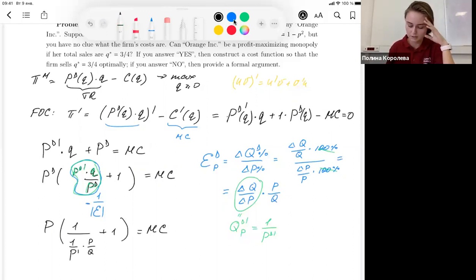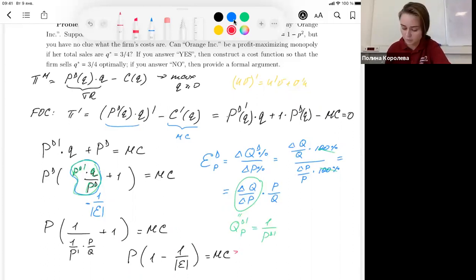So price multiplied by 1 minus 1 over elasticity by module, elasticity of demand, equals marginal cost. This is the first order condition.